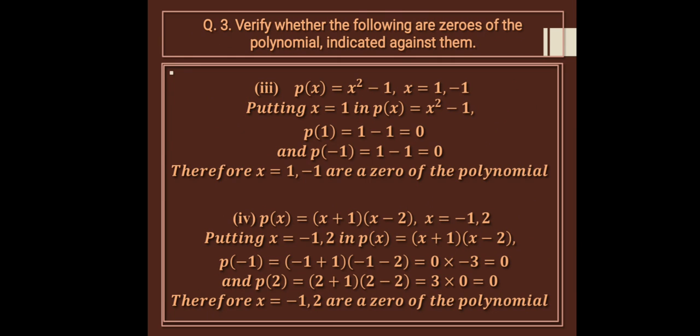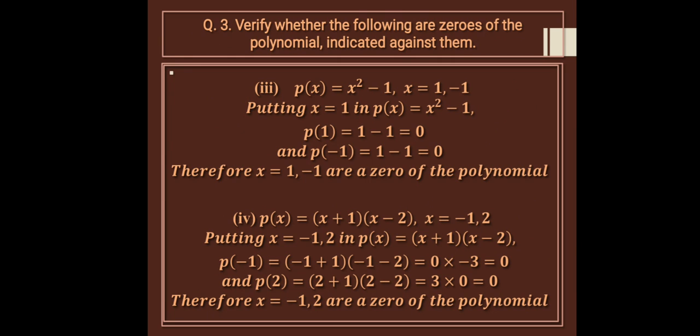In the fourth question, again here, the polynomial of x equals x plus 1 into x minus 2. Here you need to put the values x equal to minus 1 and 2 to find out whether they are zeros of the polynomial. So in the first case, minus 1. Minus 1 plus 1 is equal to 0.